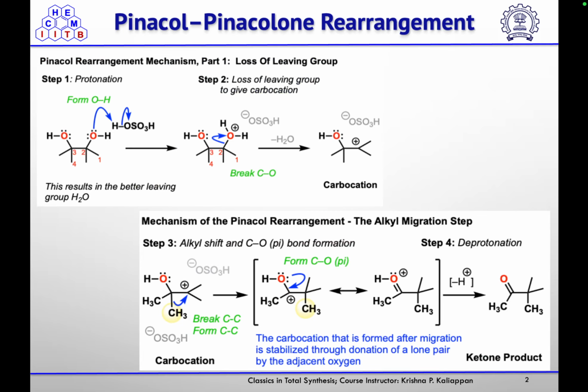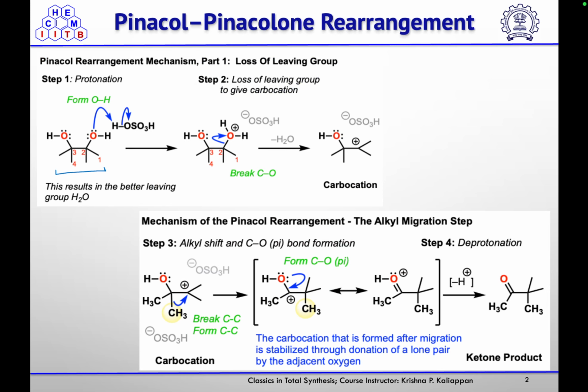Pinacol is a diol which, in acidic condition, undergoes a rearrangement reaction. The mechanism goes in such a way that, in the presence of acid, one of the alcohols gets protonated, and as we know that the alcohol is a poor leaving group, it leaves as water. Once the carbocation is generated, then to stabilize that carbocation, one of the alkyl groups will migrate to that position.